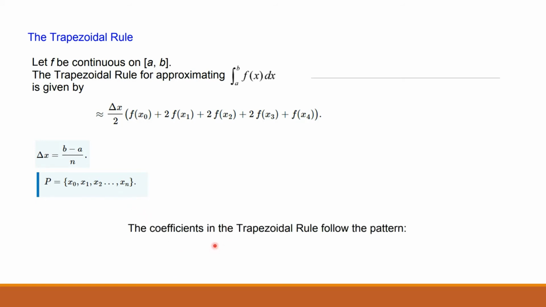And one thing to remember, the coefficients in the trapezoidal rule follow the pattern 1, 2, 2, 2, 2, 2, 1. So as you notice, the first and the last term have the coefficient of 1, while the in-betweens have 2.